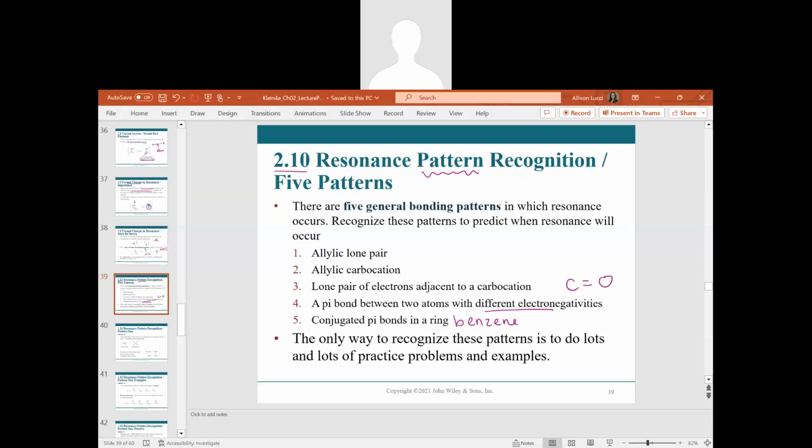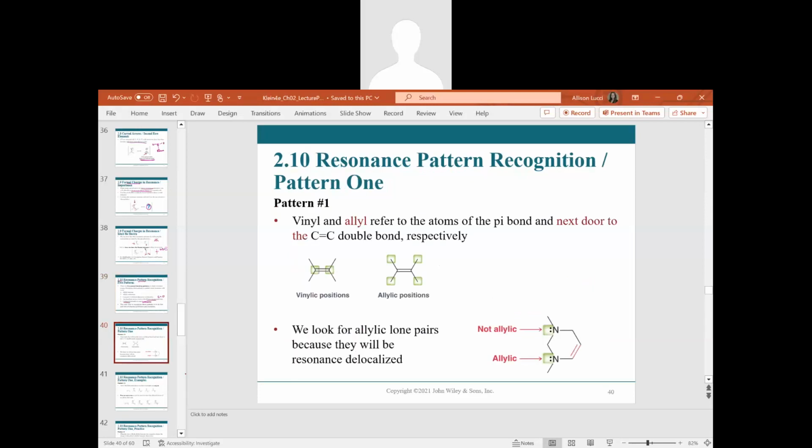When we talk about conjugated pi bonds, we'll learn more about what pi bond conjugation is in a much later chapter, but for now, we'll take a look at benzene in particular. So we have these terms, vinyl and allyl. The vinylic positions would be these carbons here on this double bond.